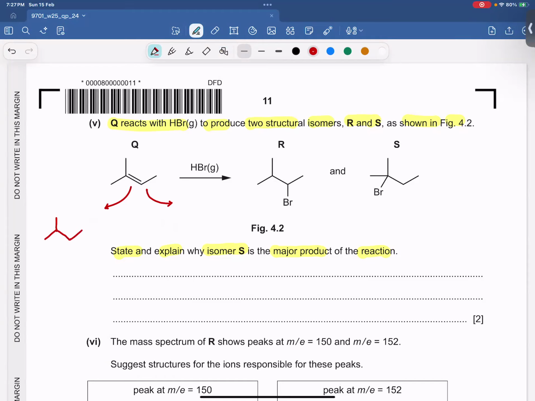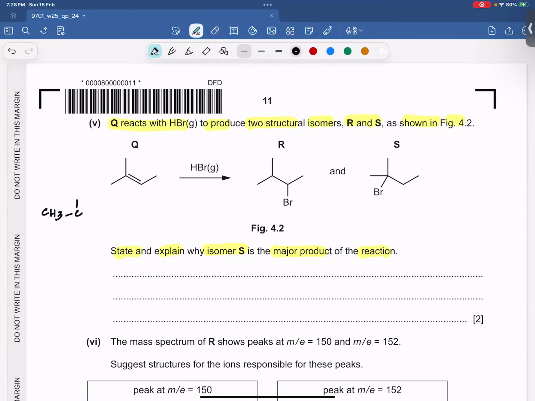The first one. So when we shift the pi bond onto this carbon atom, hold on a second, let me draw the structure and then we can decide. That gives you a more precise explanation.